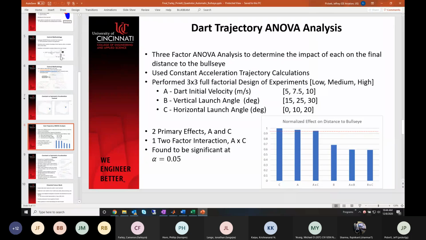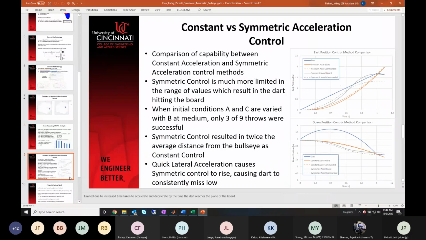And using Excel ANOVA analysis, I determined that the 2 primary effects, the initial velocity and launch angle, as well as their interaction, at a significance level of 0.05 or 0.95, were what we were most sensitive to. So for any given vertical launch angle, we tended to not change that much in how far away from the dart bullseye we reached.